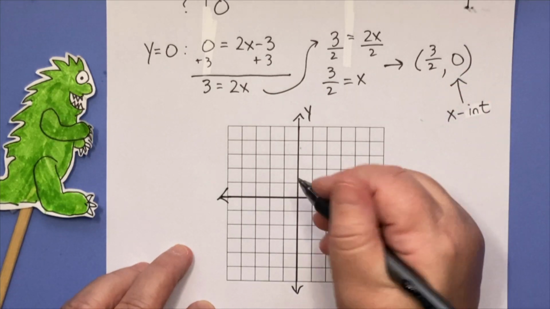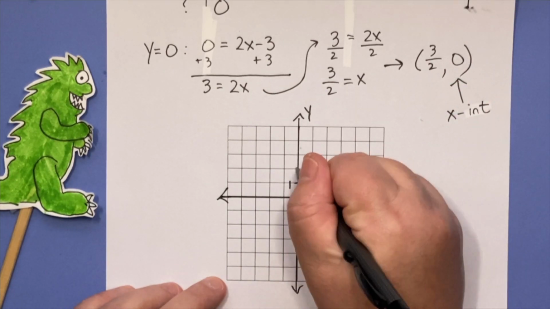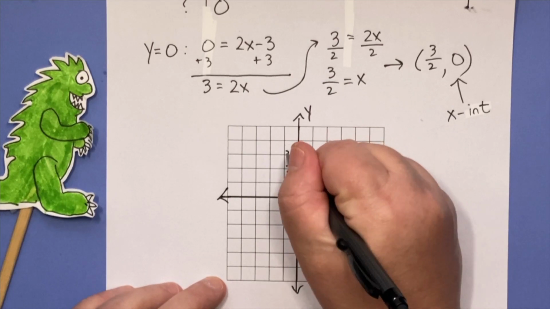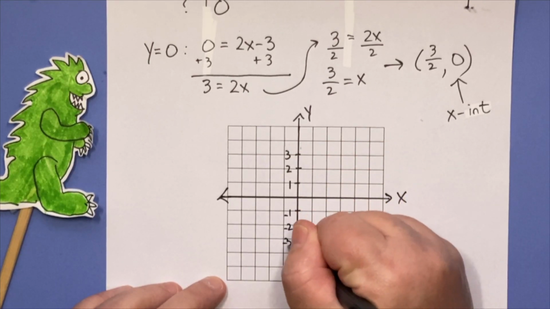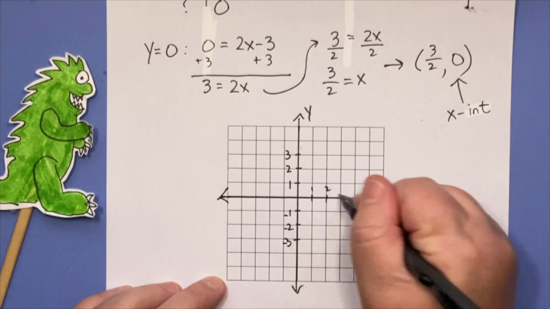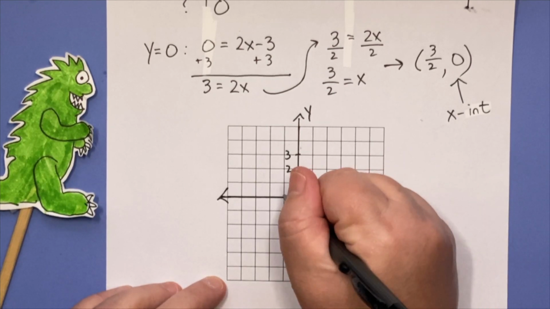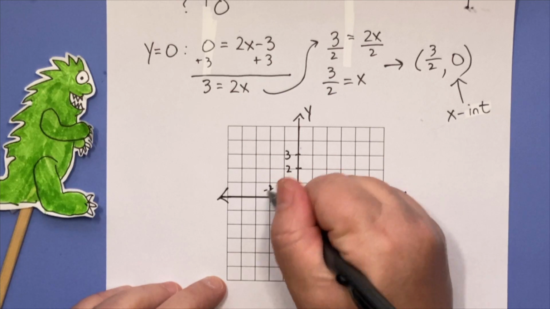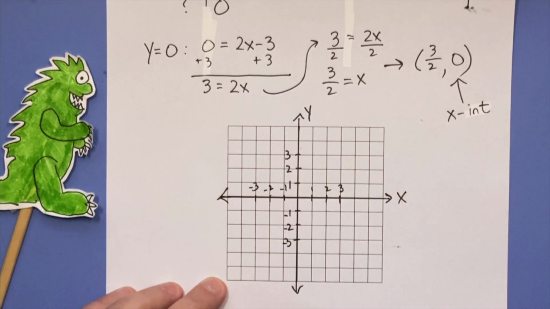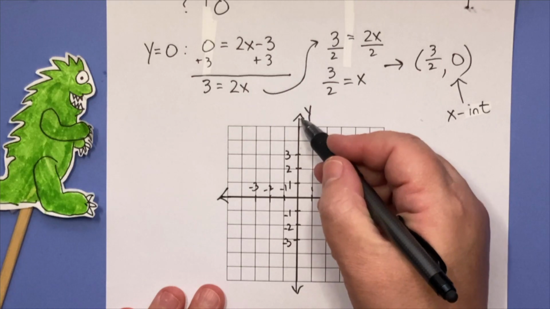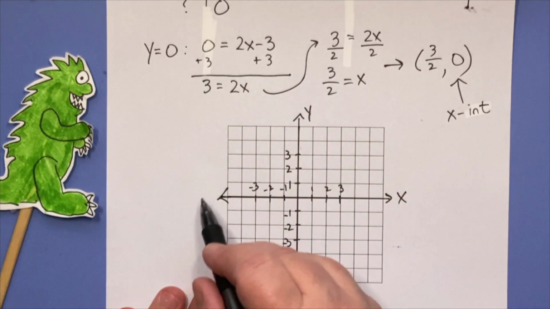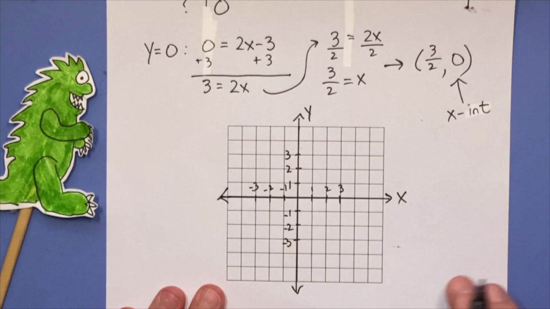So I'm going to use a very simple scale where I'm counting by ones. And a lot of people look at a graph like this and go, oh, do I have to use all the numbers? And the answer is no, you absolutely do not. You need to have at least one number on the y-axis and one number on the x-axis, and you're golden.